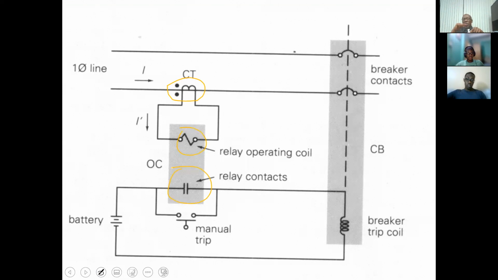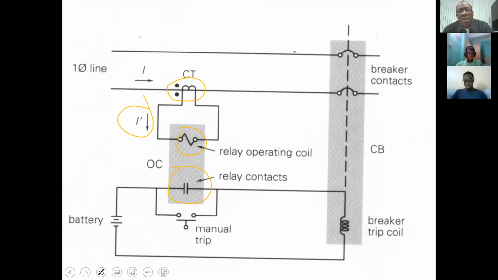So we have there a normally open contact, which means that in the de-energized state, before the relay operates, it is open. Once the relay is energized, once it goes beyond the pickup current, then the relay is going to operate.